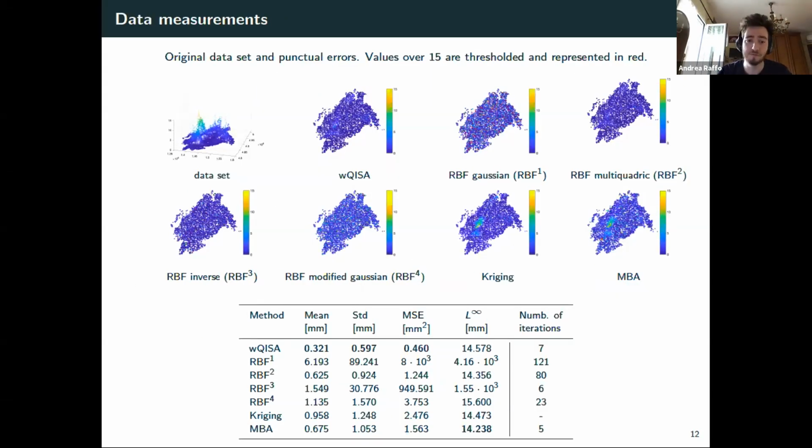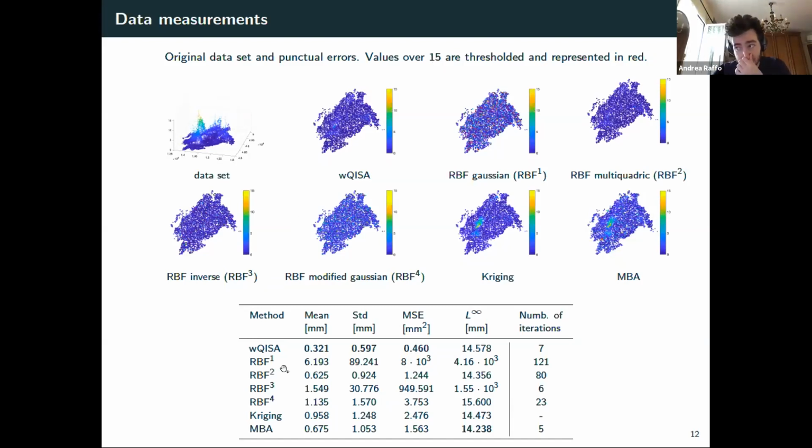And finally, we have an example of data measurements. In the top left picture, you can see the initial dataset, which is in this case highly perturbed. It is a dataset from rainfall fields in Liguria, Italy. The remaining pictures represent the absolute punctual error, and in this case, the threshold is set to 15.